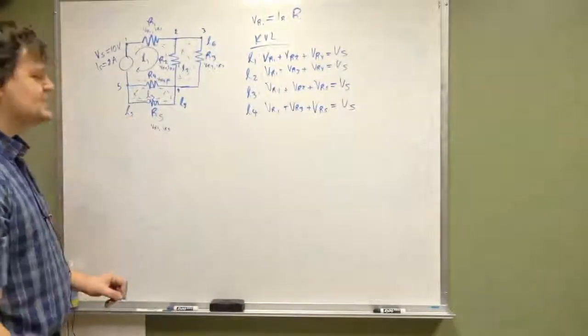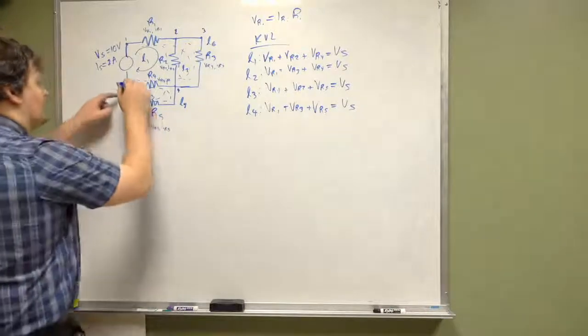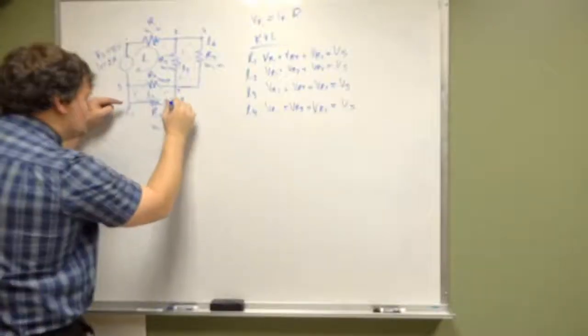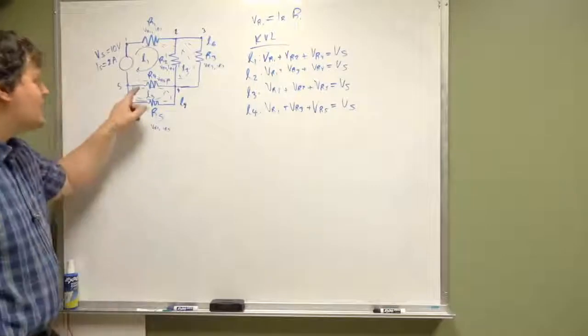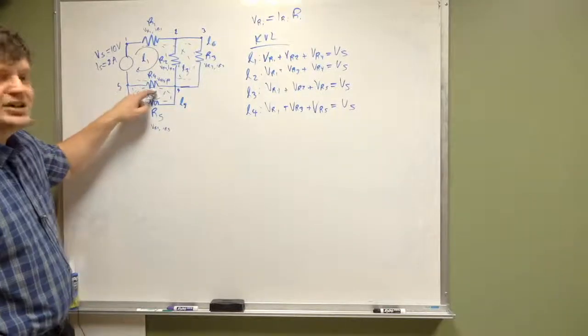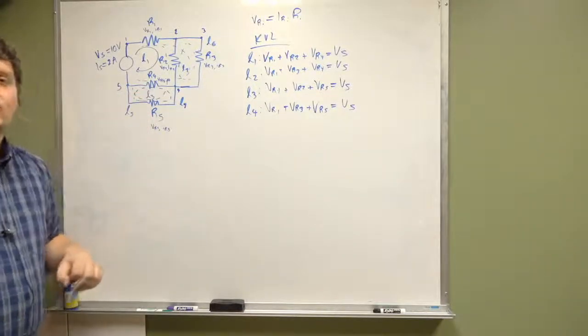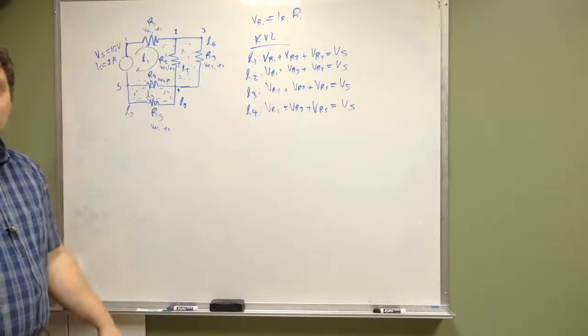Now I'm going to go ahead and take loop 5. Now loop 5, we have an electron going here, traveling this way, coming back here. Now we know when it's going this way, it's actually traveling against the current of R4.